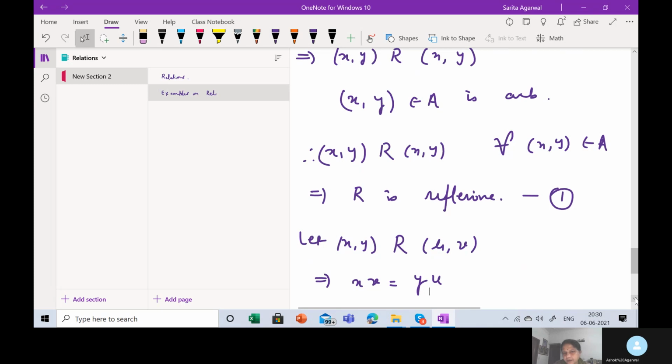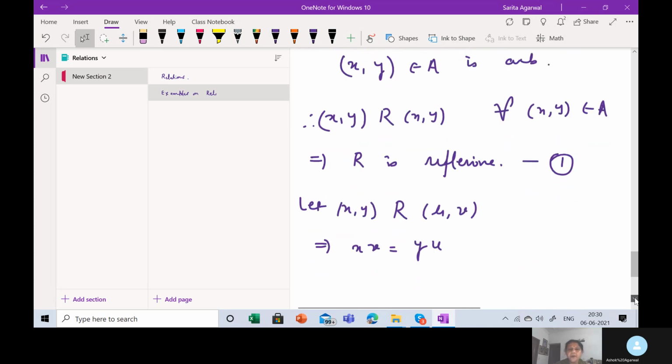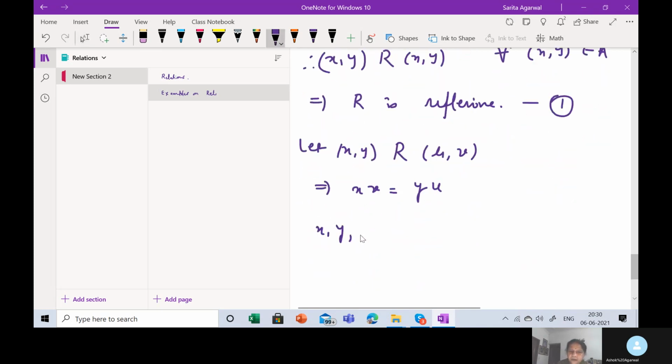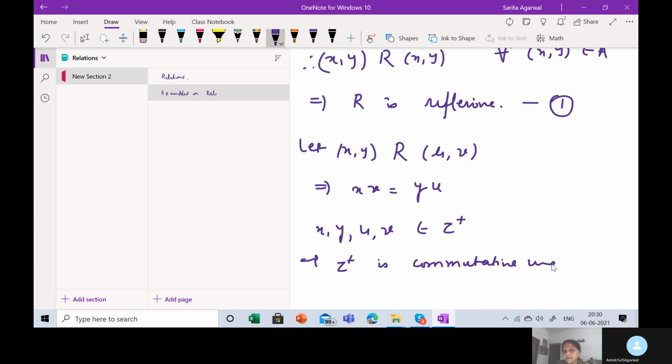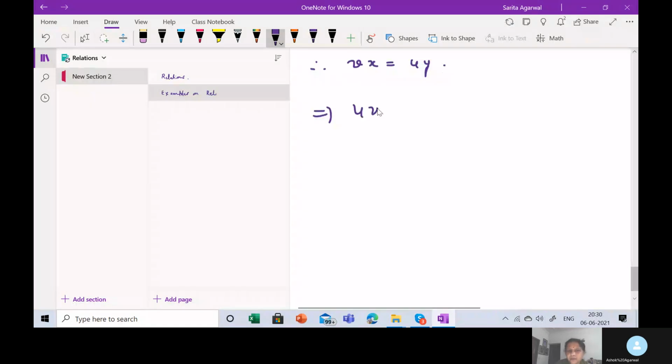Since x, y, u, v belong to the set of positive integers, and the set of positive integers is commutative under multiplication, we can write vx equals uy, and that means uy equals vx.